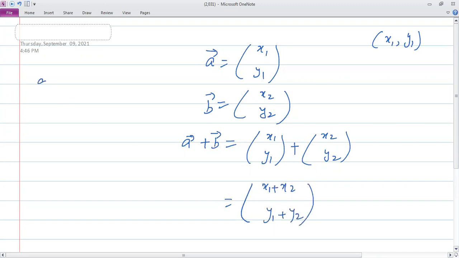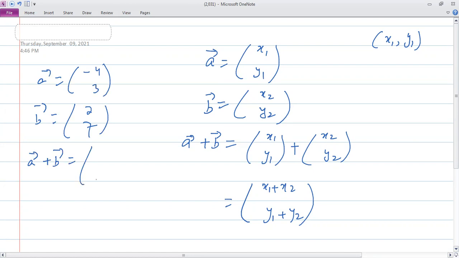For example, let's say vector A is (-4, 3). Vector B is (2, 7). And you have to find vector A plus B. Now, how will you find this? You will write this vector. First write A, (-4, 3).